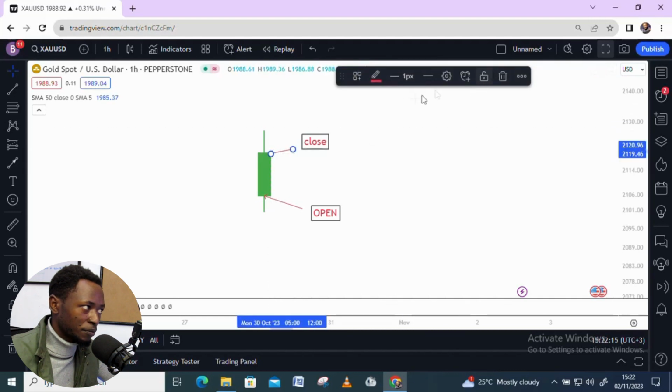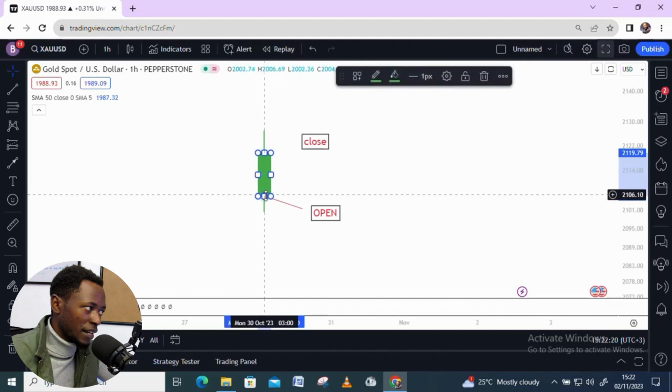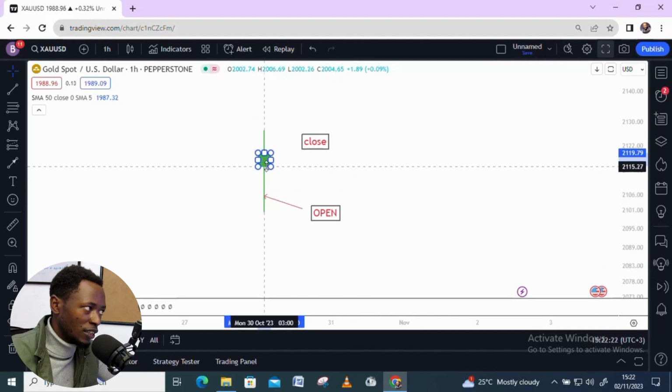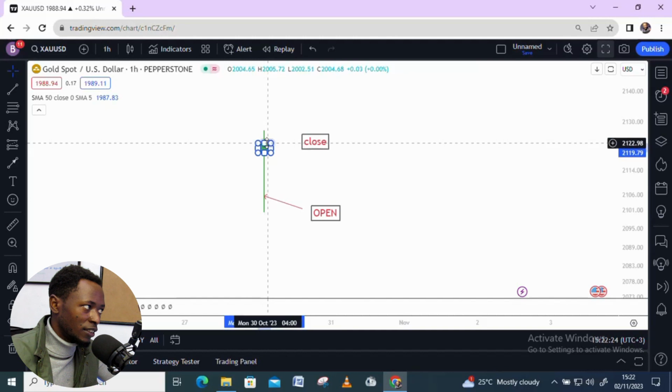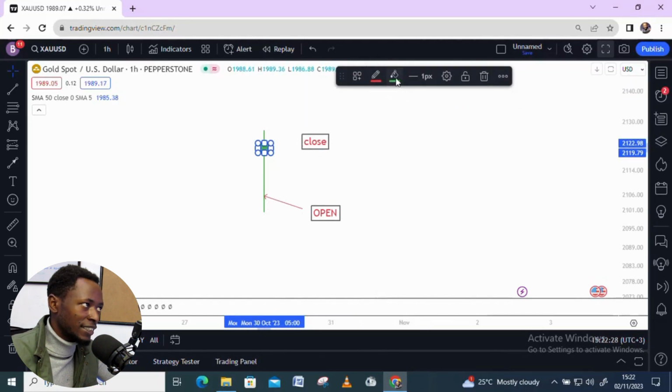This is how a hammer looks like. Price goes lower, hits a price and is rejected higher. So this is a hammer candle.